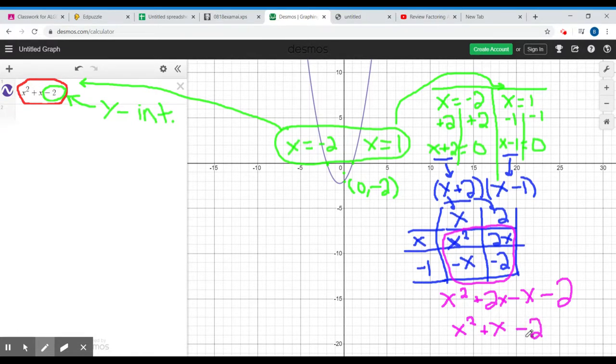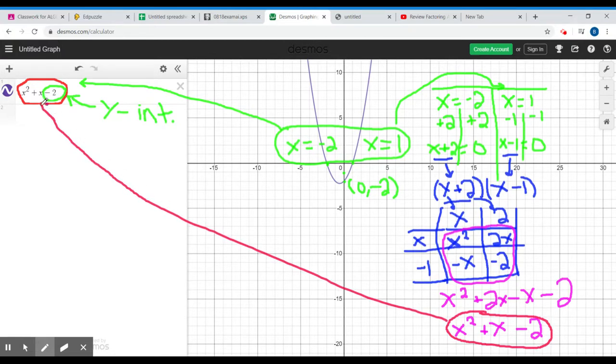So x squared plus x minus 2, that's what I'd put in.